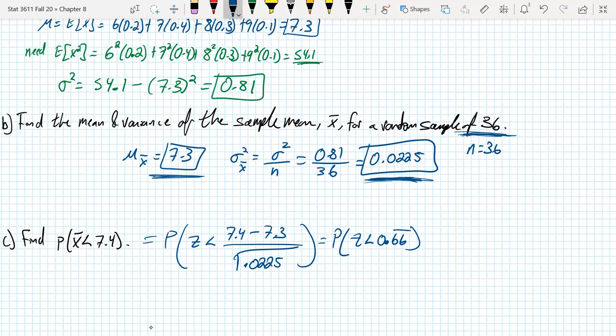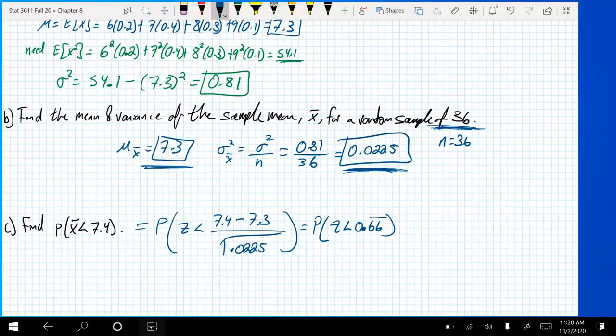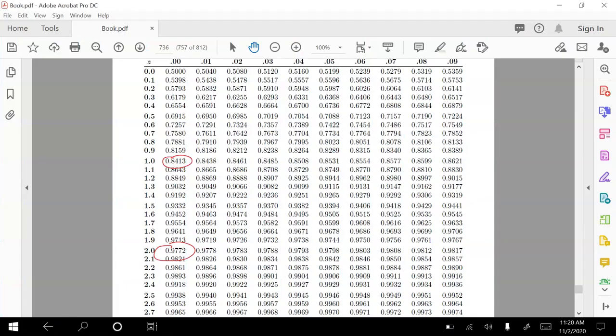Okay, so we're going to go ahead and take a look at this in the normal table. Here is 0.6. Here is 0.66 right here. So we could take that, or this would be 0.67, or some average value in between there would be okay. I would accept either of those on anything written coming my way.